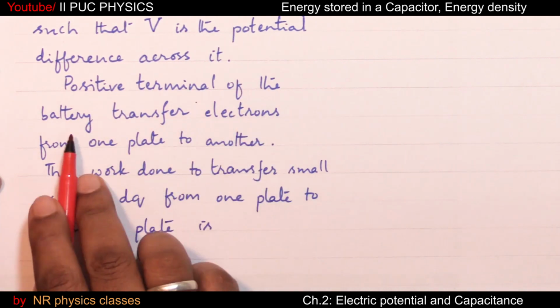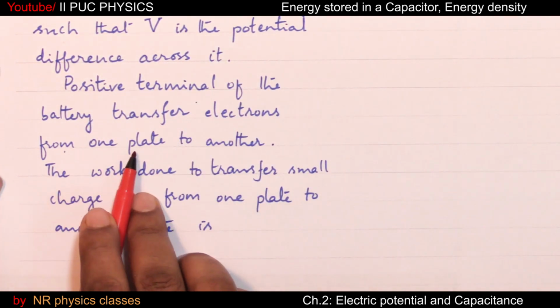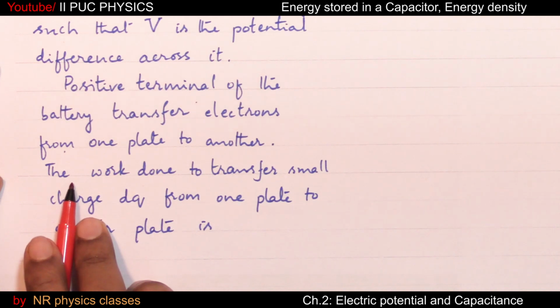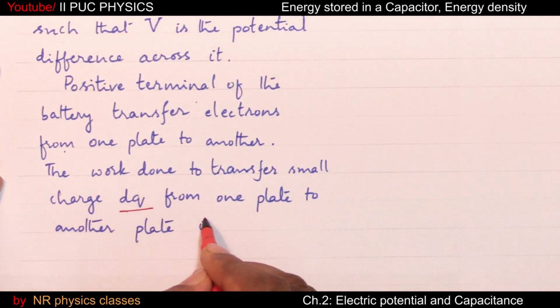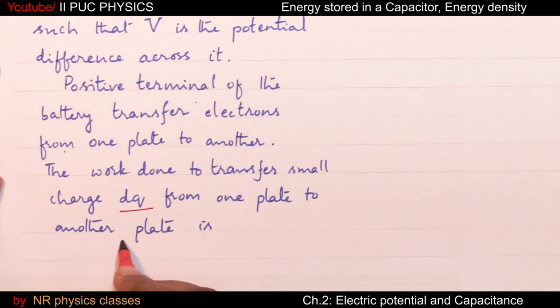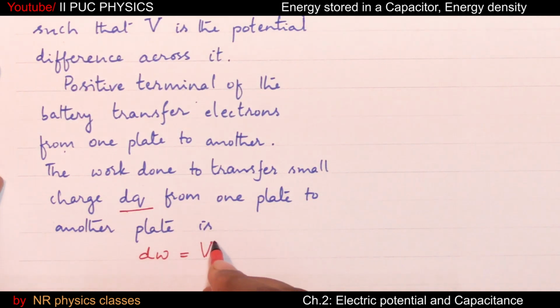The work done to transfer a small charge dq from one plate to another plate is dW equal to potential difference into charge. So dq is the small charge transferred. As a result, dW is the small work done.